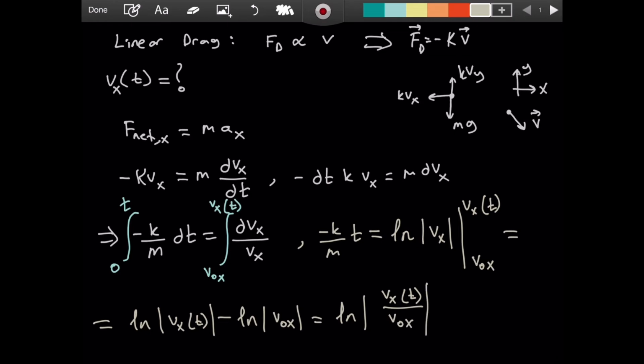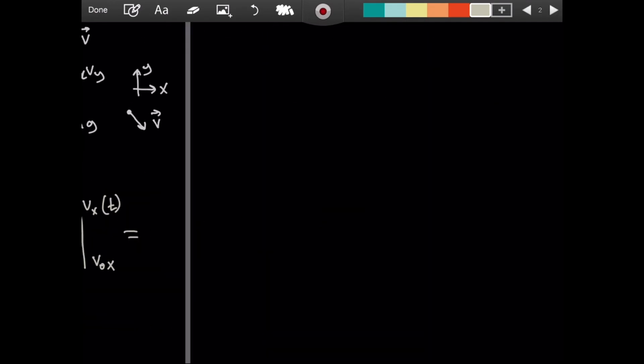Now let's continue on the new page and let me summarize what we have shown so far. We have negative km t is equal to ln the absolute value of vx of t divided by v0 x.